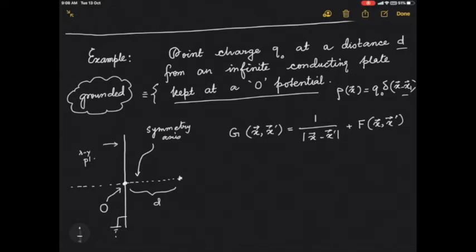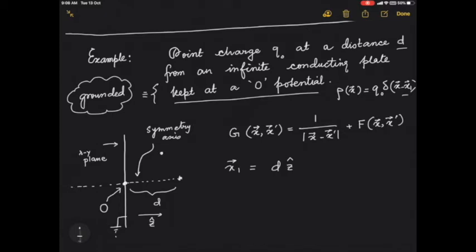So I can choose this to be my xy plane, and this as the z axis. So then x1, which is the location of the charge, is essentially d z cap.